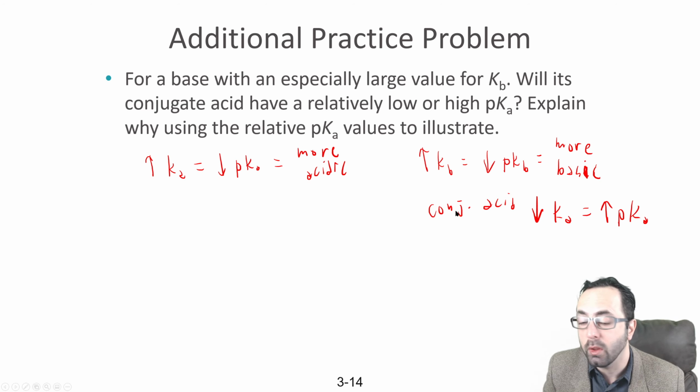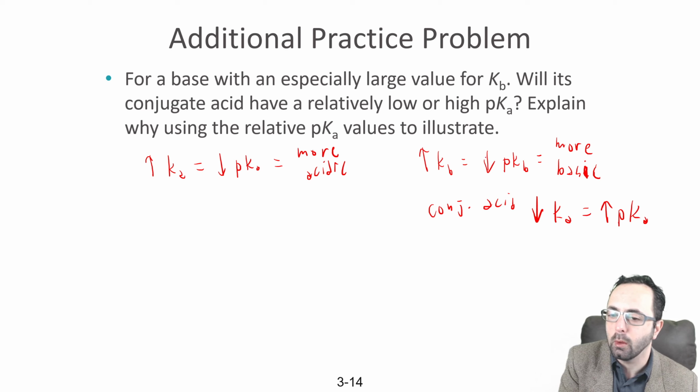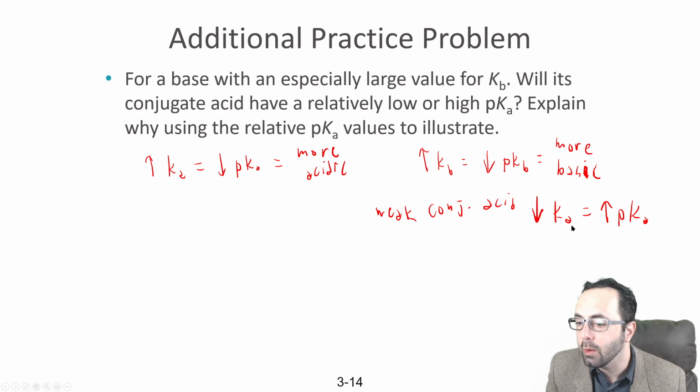So with the conjugates, if we have a base that is a very strong base because it has a large Kb, that means the conjugate acid will be very weak, so this will be a weak conjugate acid, which means a low Ka, which indicates a high pKa.